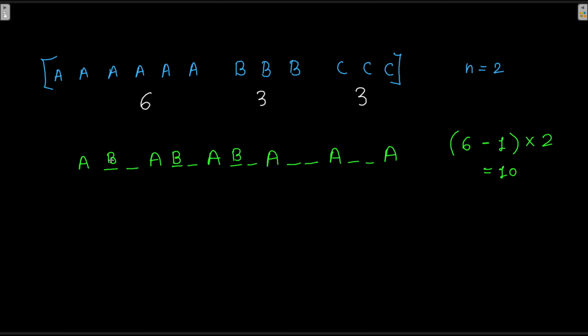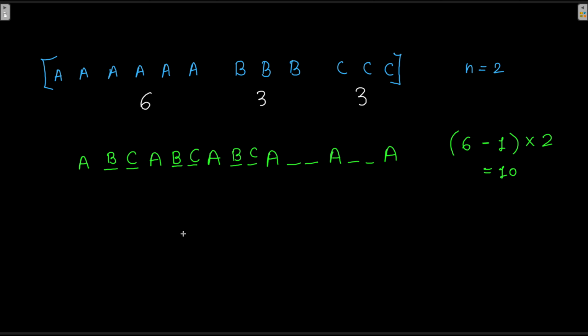What about C's? I can put one C here, another C here, and then the next C here. We are still left with 4 spaces, these 4 extra spaces. And that is the reason our answer is going to be 6 plus 3 plus 3, that is 12, plus 4 spaces, and that is 16.